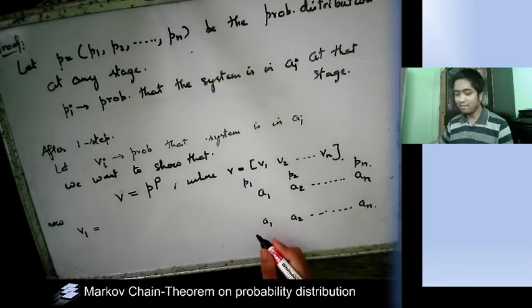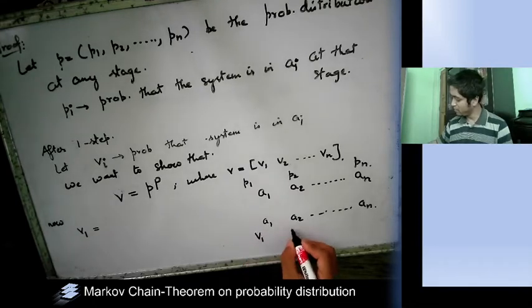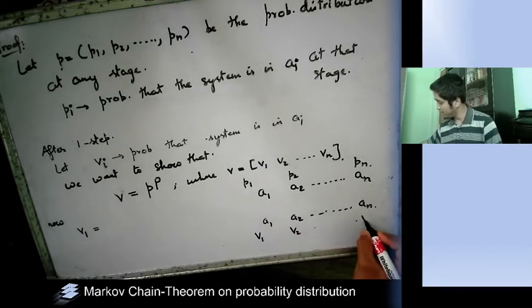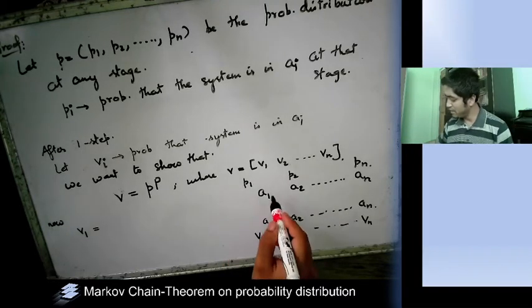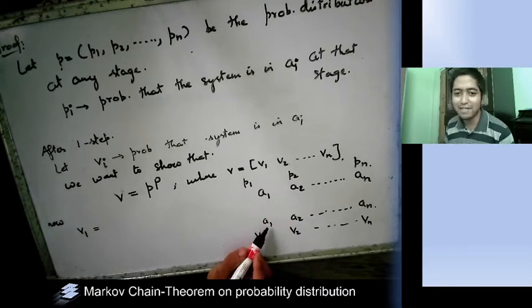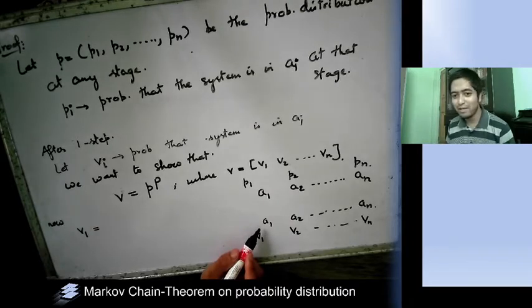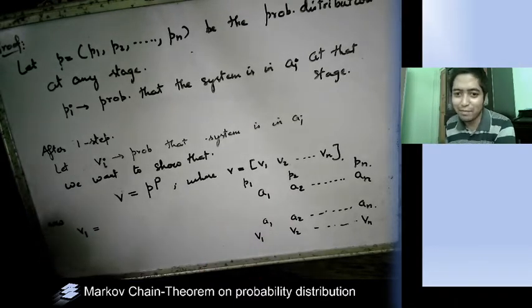After one step, these are the probabilities V1, V2, ..., Vn. What is the probability that the system is in A1?